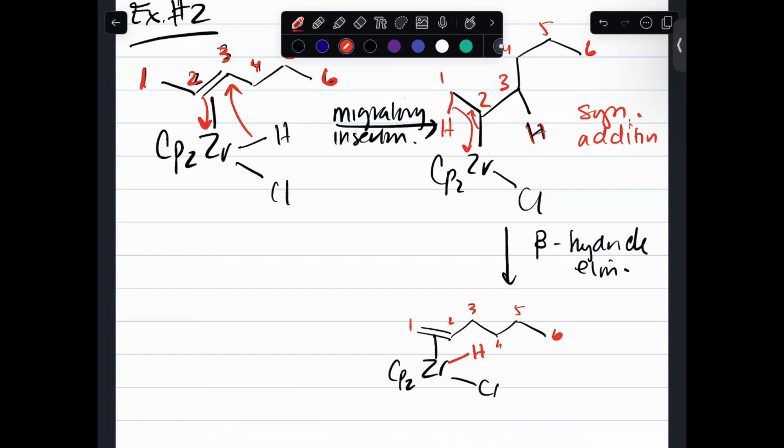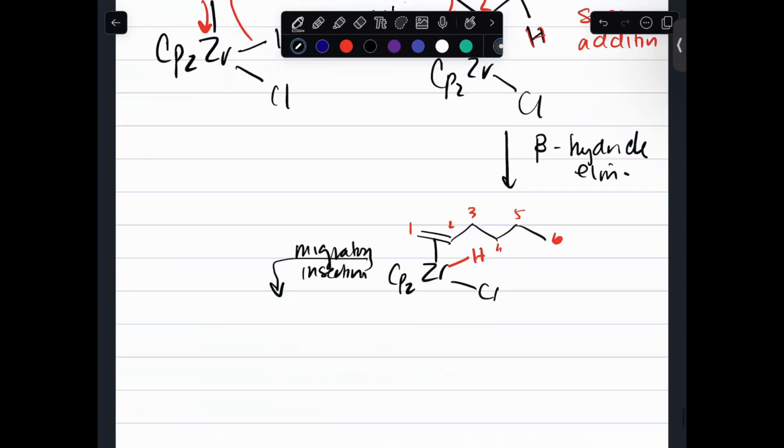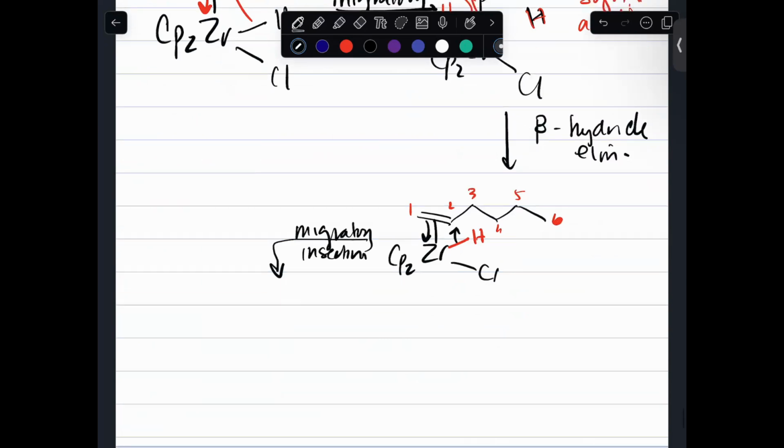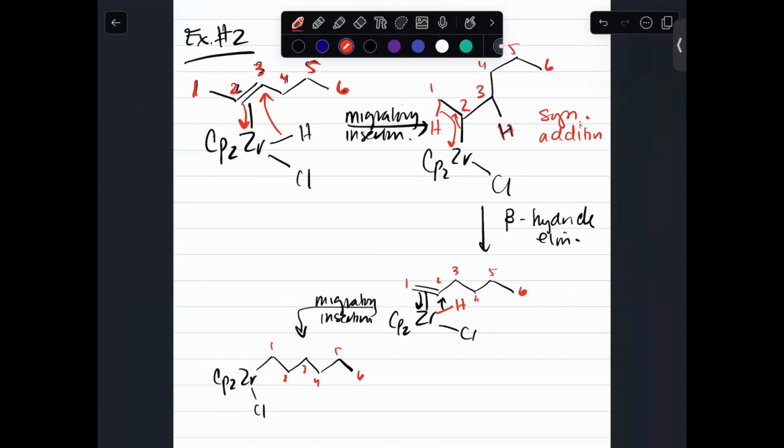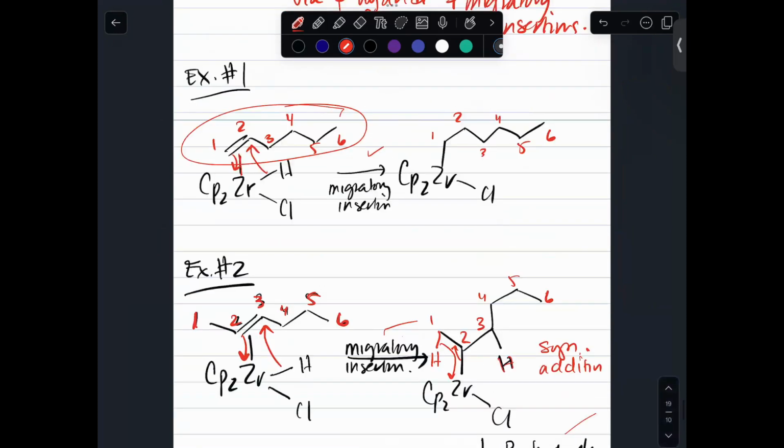And then again, I do migratory insertion, and I get to my product. So in order to get to the product, I had to go through a migratory insertion, a beta hydride elimination, a migratory insertion. Whereas for the first starting material, I just had to do a migratory insertion.